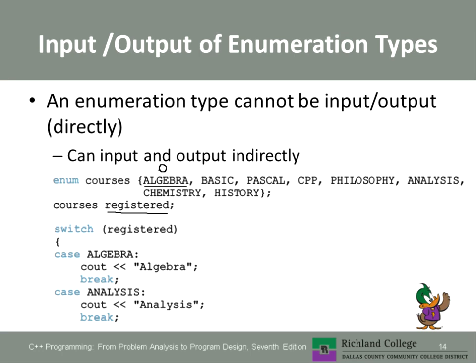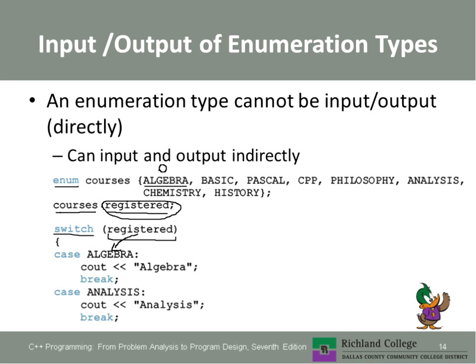So what you can do is take that algebra and put it in a switch statement. We'll be sending in the variable, right? The variable is registered. Registered data type is courses. Courses is an enumeration type, which is an integer. Since it is an integral data type, switch can work with that.